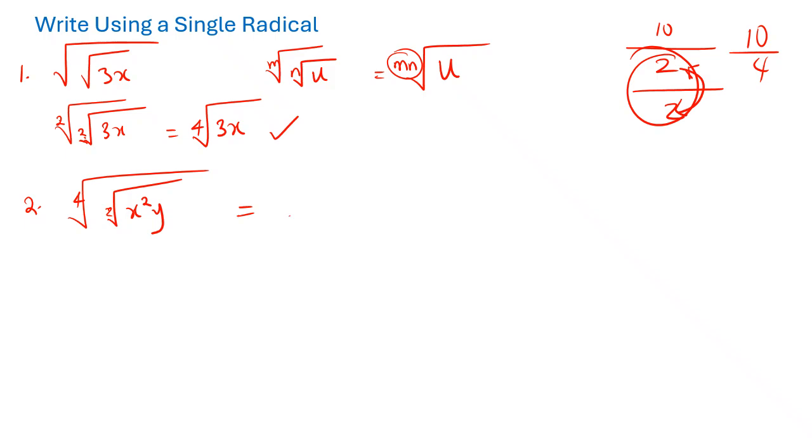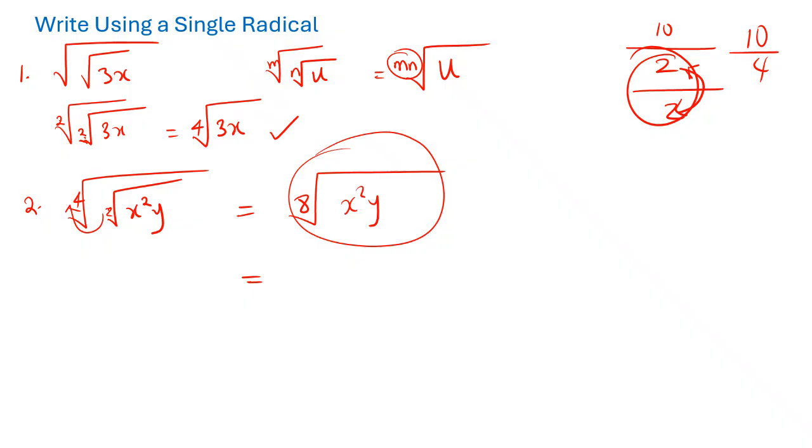That means I'm going to do one single root, with your x squared and your y there. Then you put your 2 times 4, that's your 8, and the final result is going to look like that. It's not that bad, it's pretty straightforward.